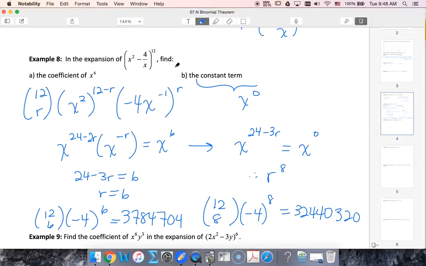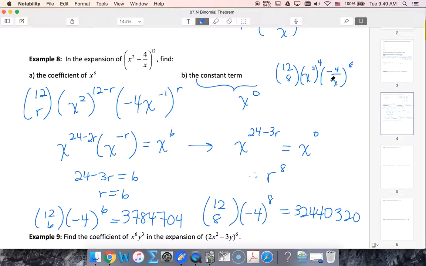So again, because I'm asked only for the coefficient, I could ignore my x's, but I know this is going to be the coefficient of x to the 6th. Over here, again, it's the constant term. If I think about plugging in r equals 8, that means I would have had 12 choose 8 times x squared raised to the 12 minus 8, or 4th power, times -4, and we'll go back to thinking about this as -4 over x to the 8th power.